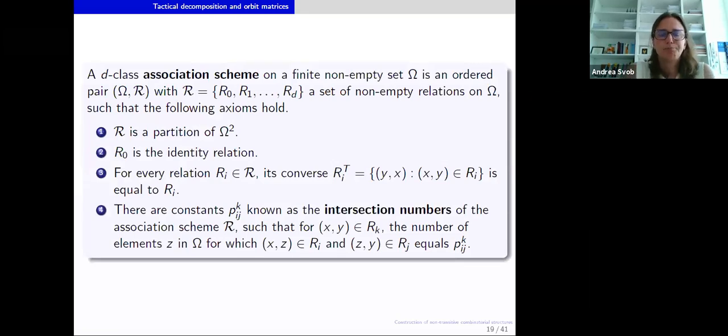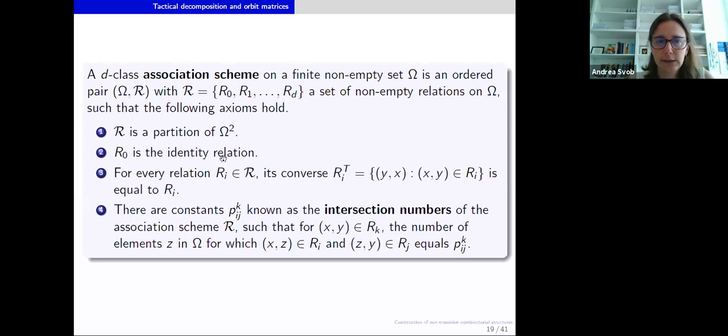Okay, so let us just remind ourselves quickly of a d-class association scheme that we introduced last time. A d-class association scheme on a finite non-empty set omega is an ordered pair of this set omega and a set of relations R, which is called the set of non-empty relations on omega, such that the following axioms hold. R is a partition of omega x omega.